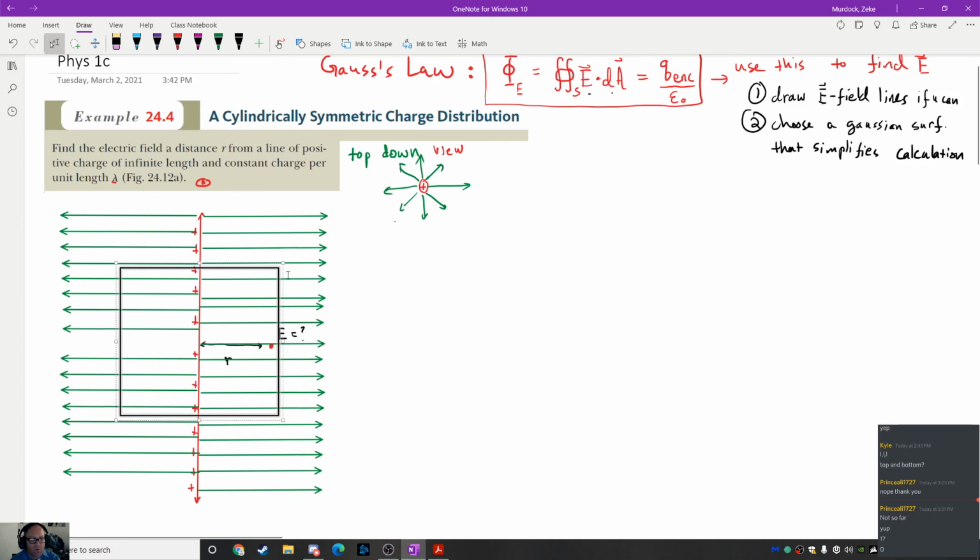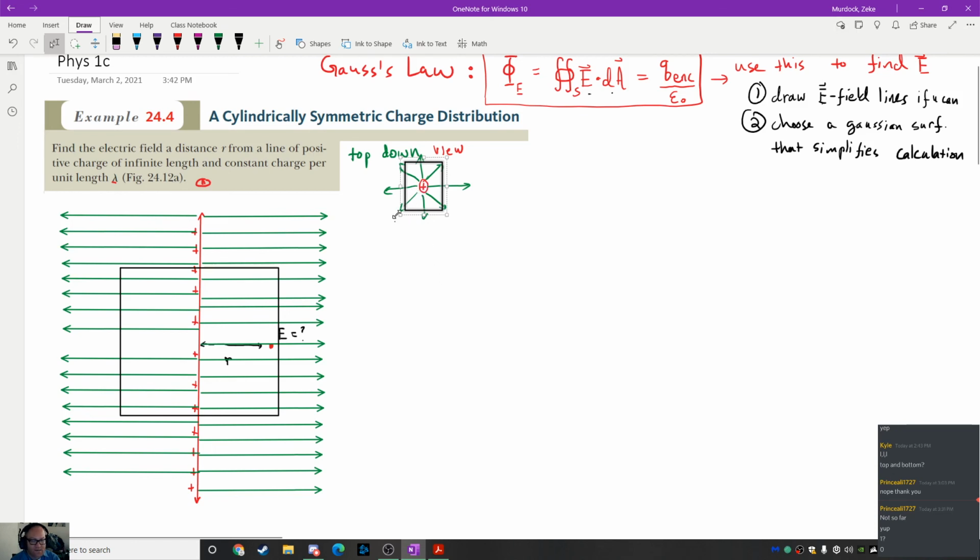However, we need to rotate that cube so that it actually works in this situation, right? Because a cube, if I looked at it from above, would now look like this, and that is not going to work, right?